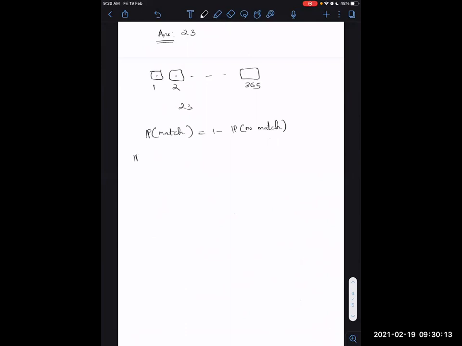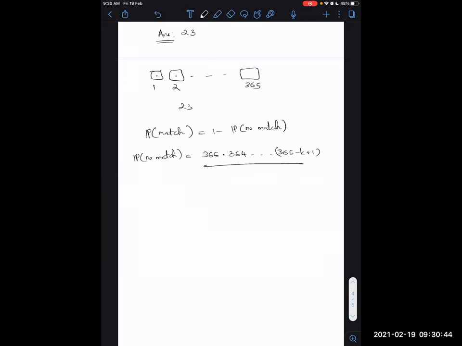So the probability of no match is, assuming we have k people to start with. What do I mean by this? The first person has 365 days to fill in; he can pick any of these 365 days as his birthday.